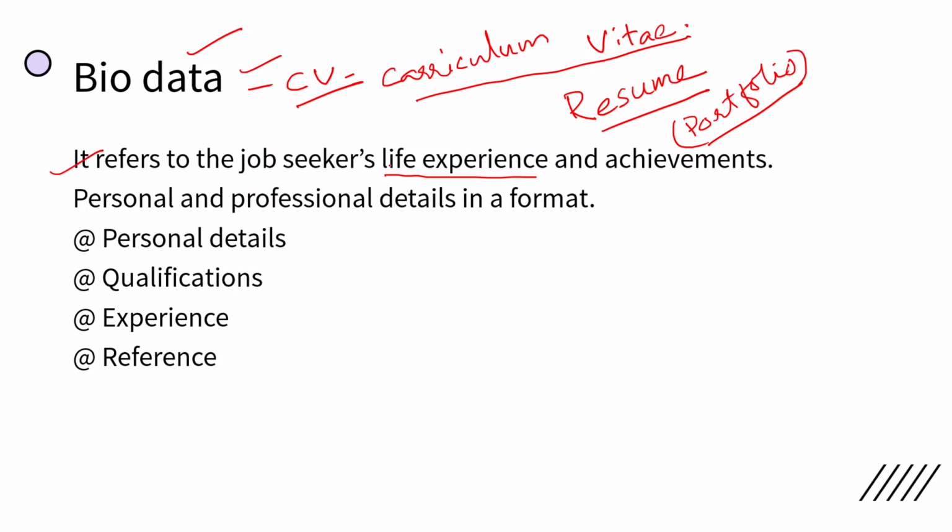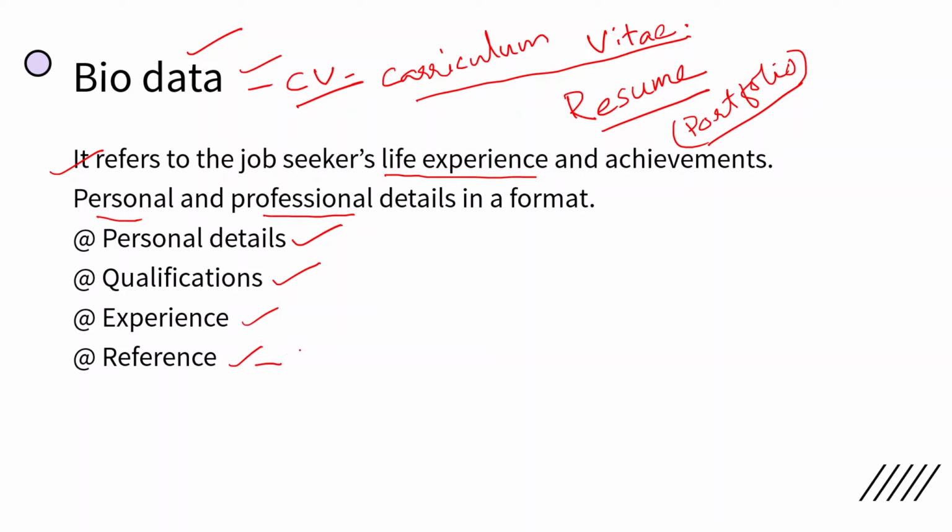It refers to the job seeker's life experience and achievements, personal and professional details in a format. So biodata means your personal and professional details. In a biodata, we have to include our personal details, qualifications, experience, and reference.